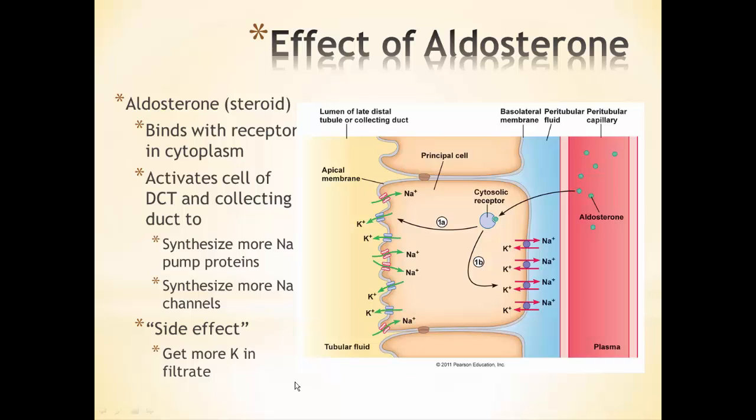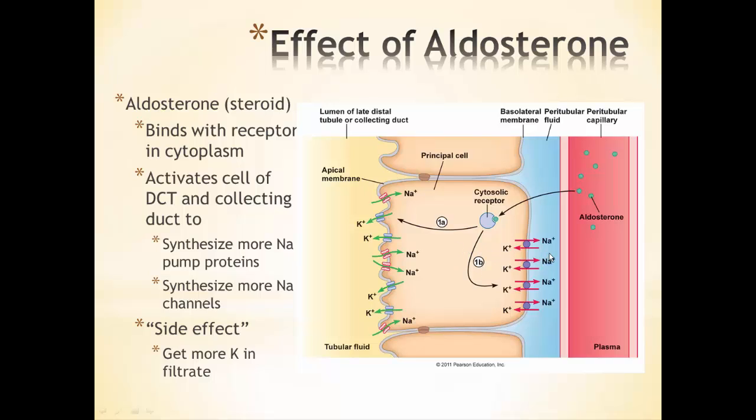And so here we can see an example of aldosterone. It is a steroid hormone, which means it gets to travel straight across the cell membrane and interact with a receptor inside the cell. When it binds to that receptor, it triggers other things happening, and that includes an increase in the number of sodium channels here on the apical membrane, and also sodium-potassium pumps on that basolateral membrane.